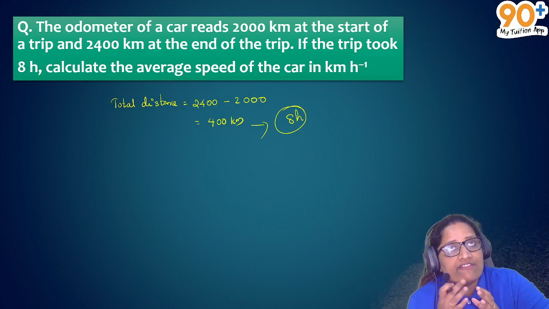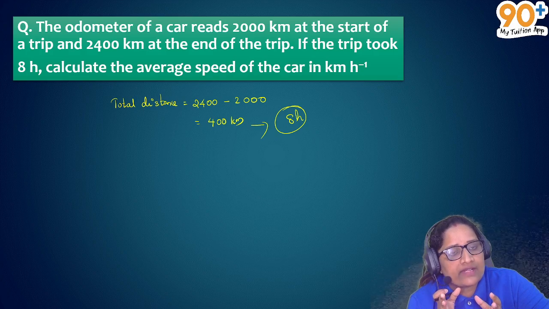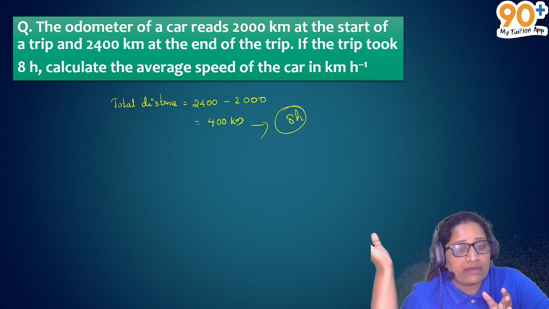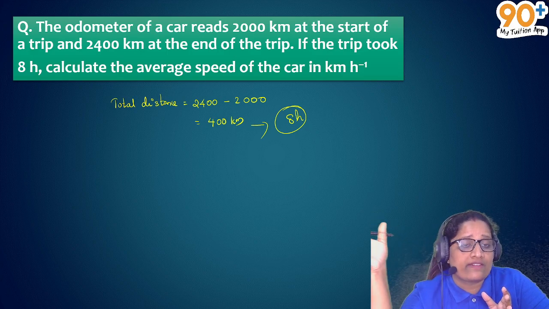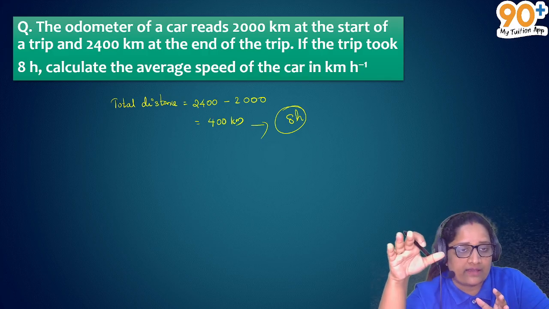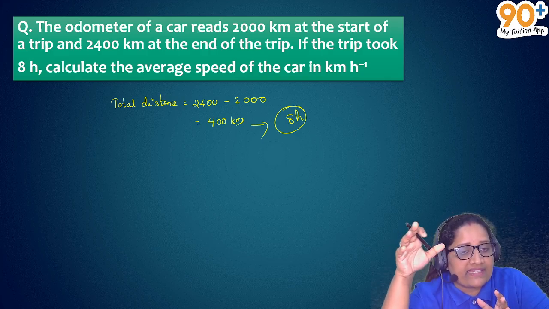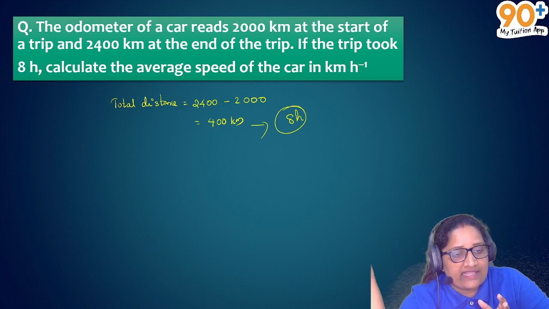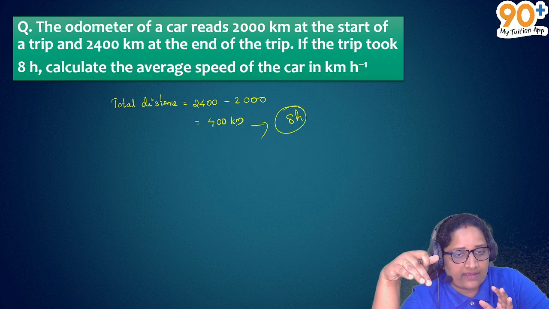Like that, we don't need to calculate all the time. Here, if he is maintaining a speed of 100 kilometer per hour, in 8 hours he can reach 800 kilometer, but he only reached 400 kilometers, so half of the speed, 50.